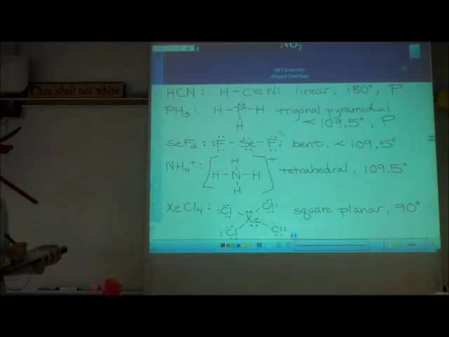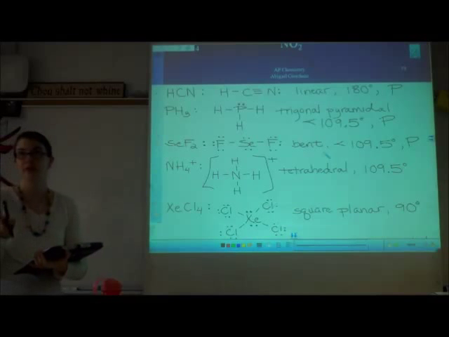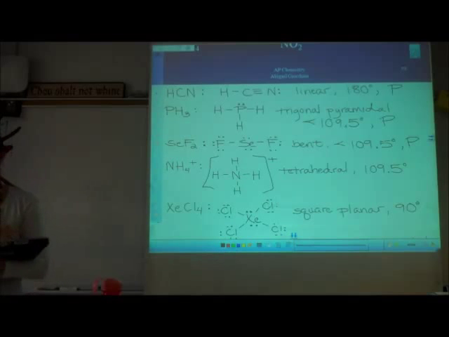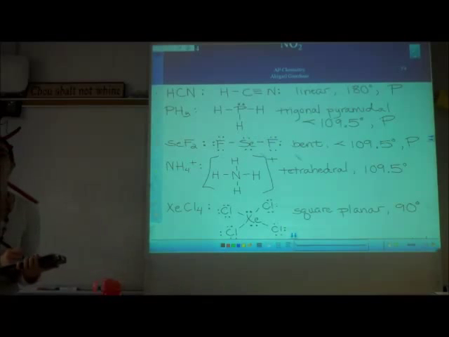How about the next one? It is polar. Bent, both bents. Bent is another shape, always polar. Do not look at this in 2 dimensions and say, yeah, that looks pretty symmetrical to me. Remember it in 3 dimensions.